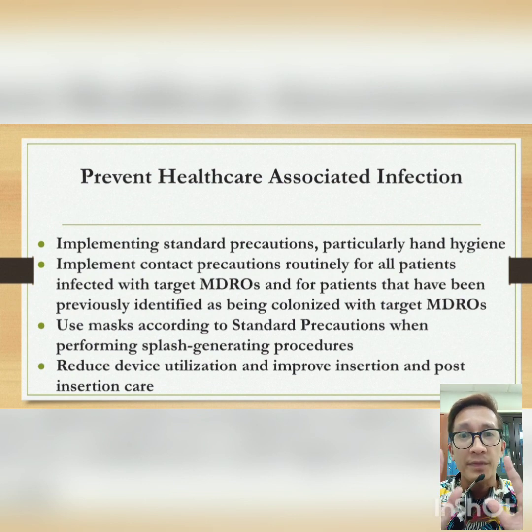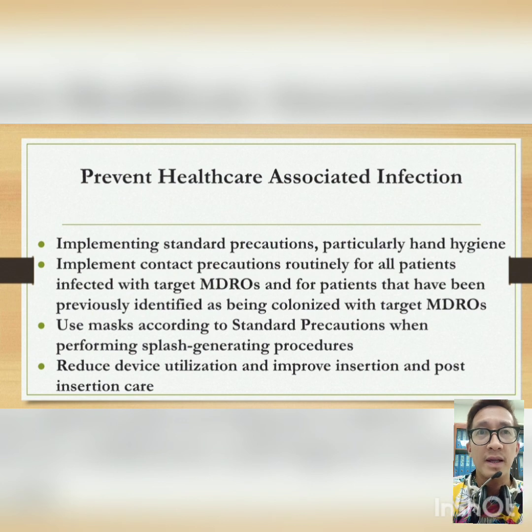As we all know, healthcare workers' hands could be the main source of any microorganisms, especially multi-drug resistant organisms in a healthcare facility. Next is implementing contact precautions routinely for all patients infected with target MDROs and for patients that have been previously identified as being colonized with target MDROs.